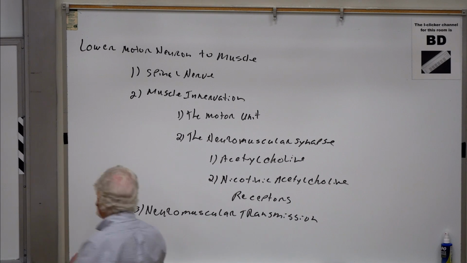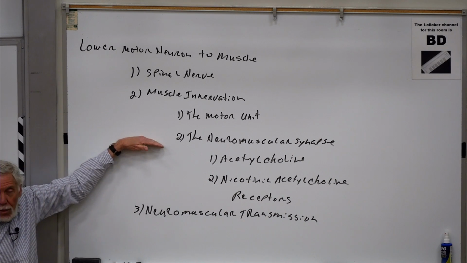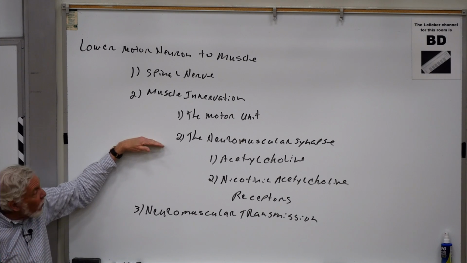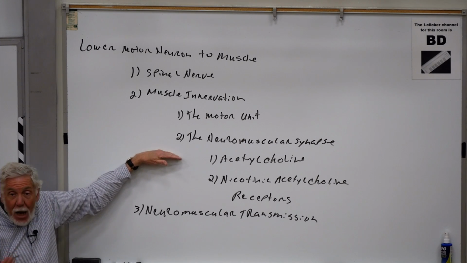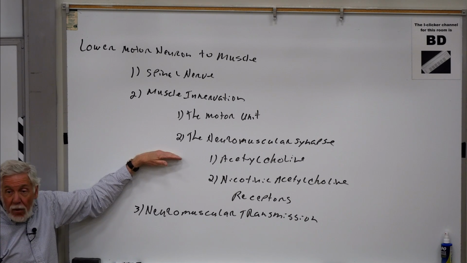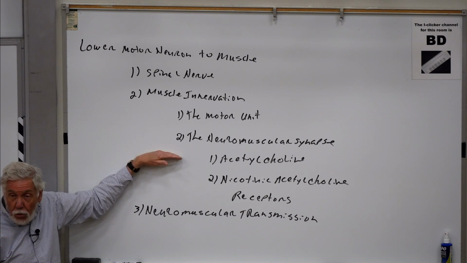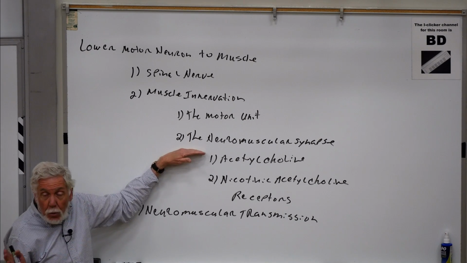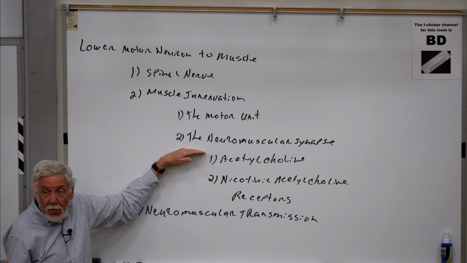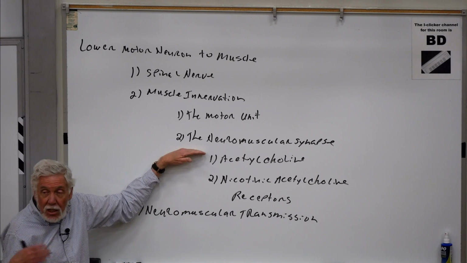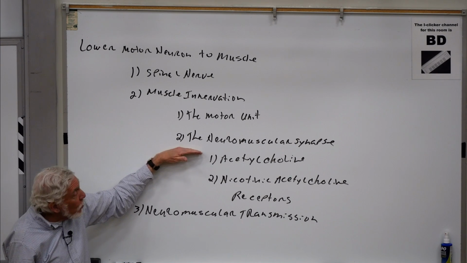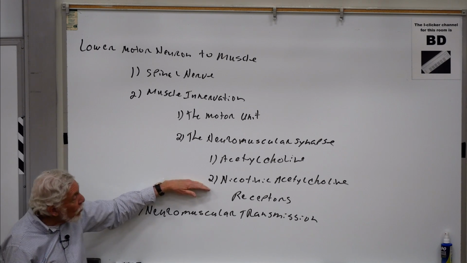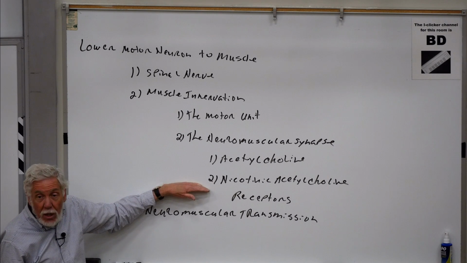That contraction reaction then begins at the neuromuscular synapse. This neuromuscular synapse is going to look just like the synapses we've talked about before. We're going to talk about having the output region of the lower motor neuron. From the output region, we'll release neurotransmitter. That neurotransmitter is going to be released by the same mechanisms we talked about before, with calcium influx and active zones and the SNARE proteins. The neurotransmitter is released. Acetylcholine then binds to a type of acetylcholine receptor called nicotinic acetylcholine receptors.